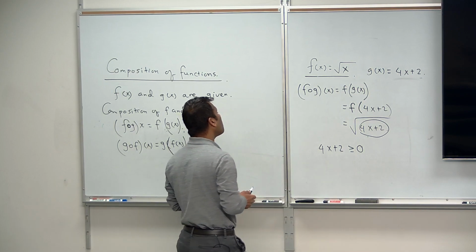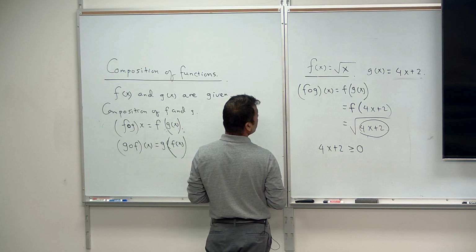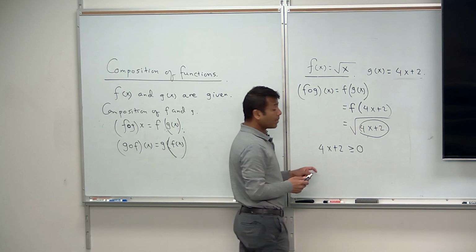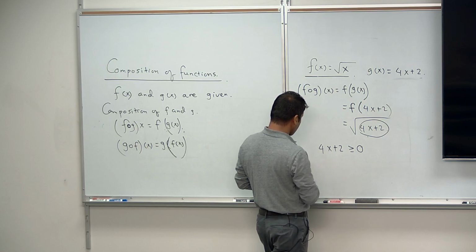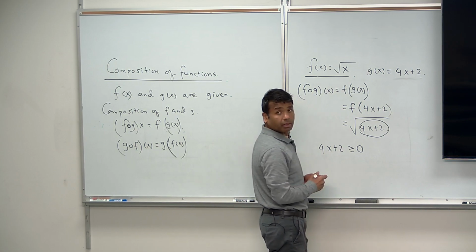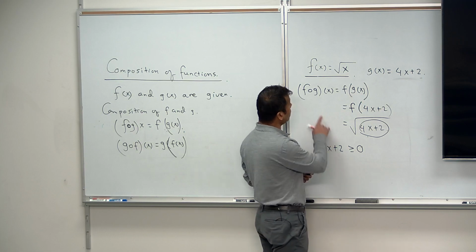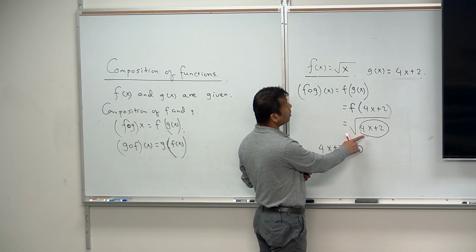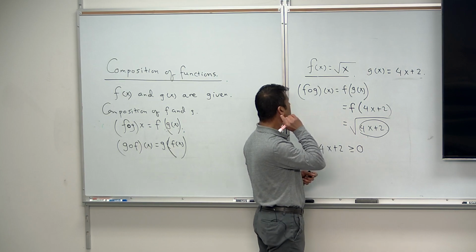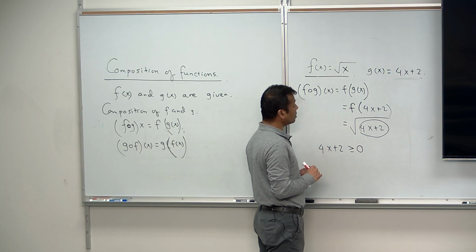So now, are you with me? So how do you solve this inequality? How do you solve this inequality? I am going to find out the domain of this function, okay? So domain of this function is this 4x plus 2 must be greater than or equal to 0.